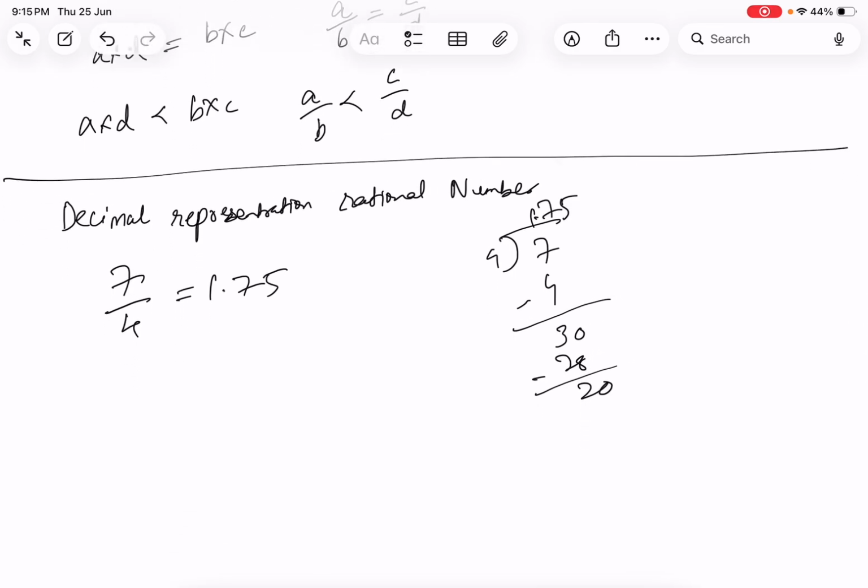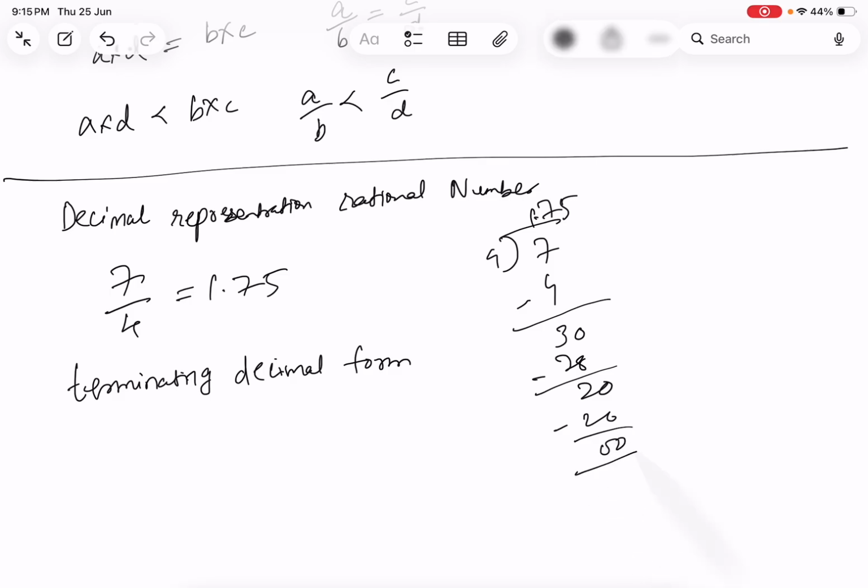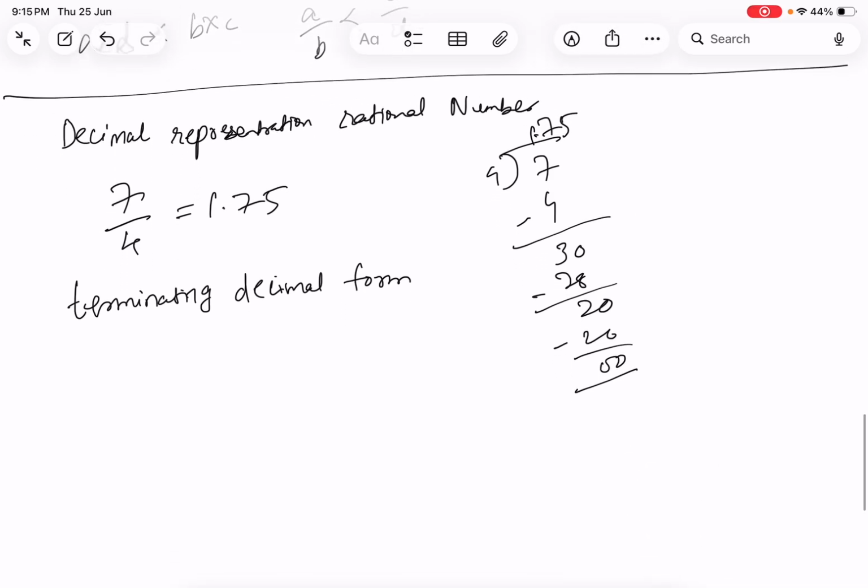Such a decimal form is called terminating, because it terminates, you get a value of 0 over here. Such rational numbers are known as terminating decimal rational numbers, or they can be represented in terminating decimal form.